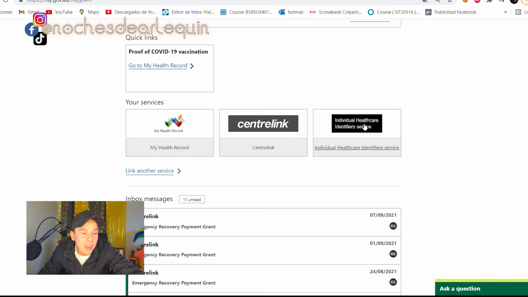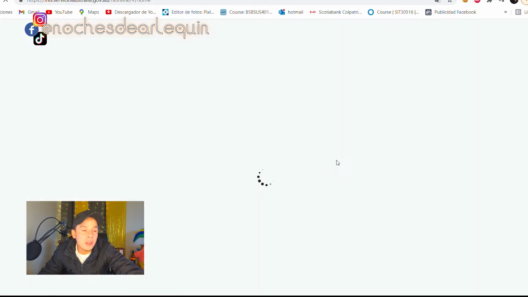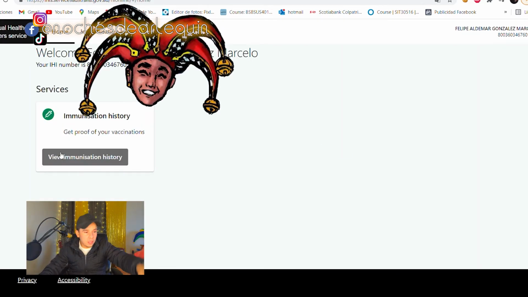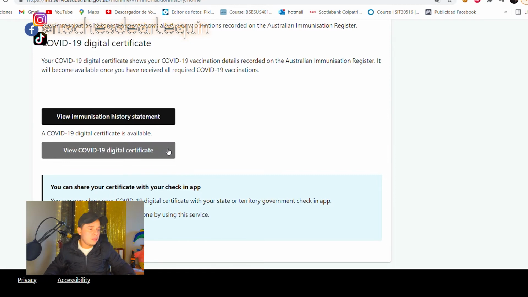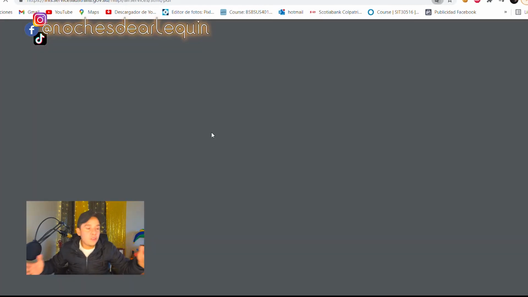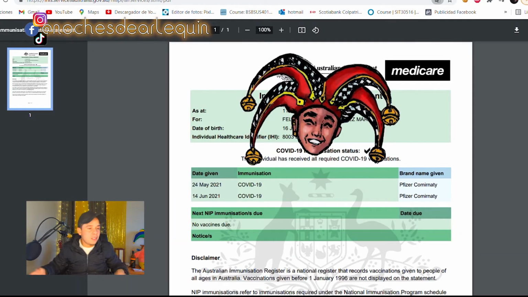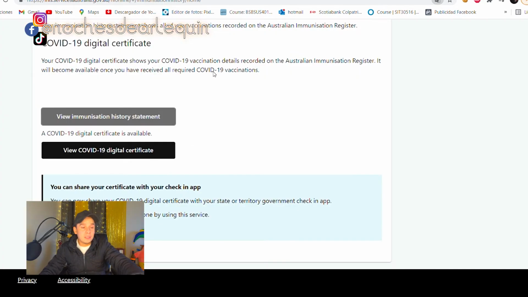And here, now you have to activate the Individual Healthcare Identifier service. You put it here and you have view immunisation history and you have two certificates, okay? I don't know what the difference is, but you have to get any one in your phone, because now this is the certificate.